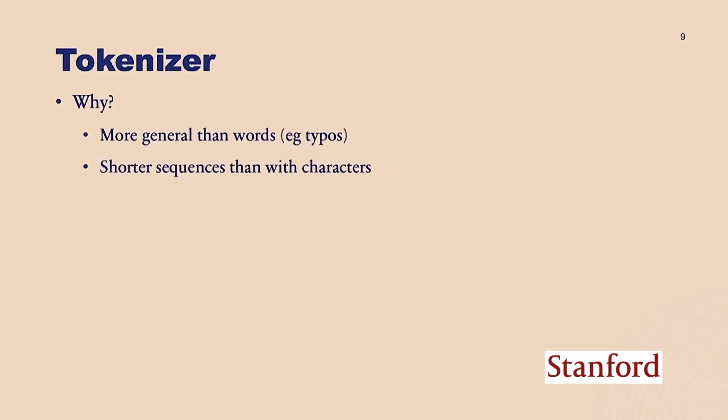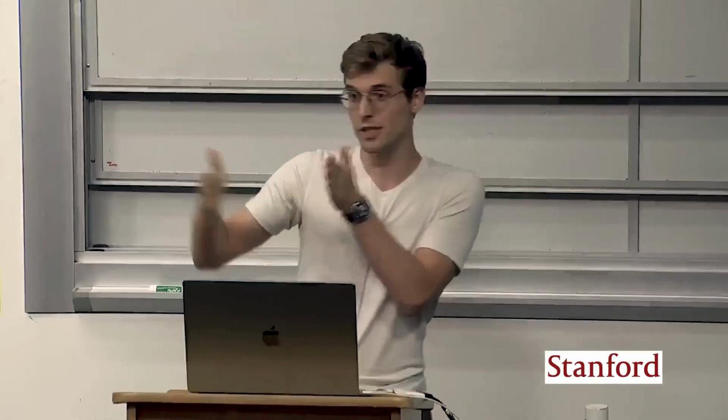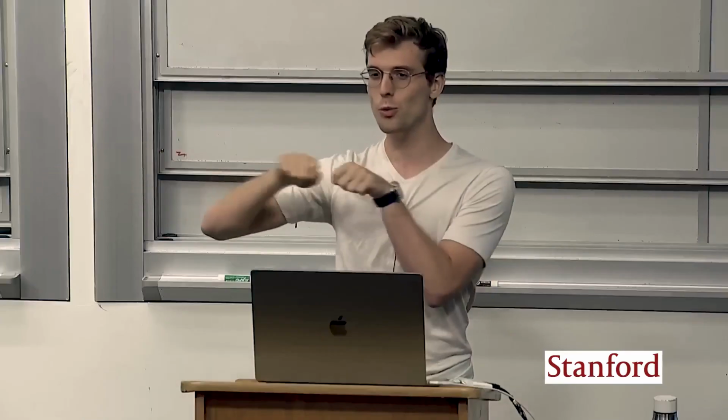You might say A is one token, B is another token. That would actually work, and probably very well. The issue is that then your sequence becomes super long. And as you probably remember from the lecture on transformers, the complexity grows quadratically with the length of sequences. So you really don't want to have a super long sequence.